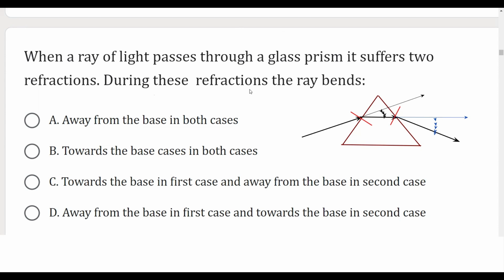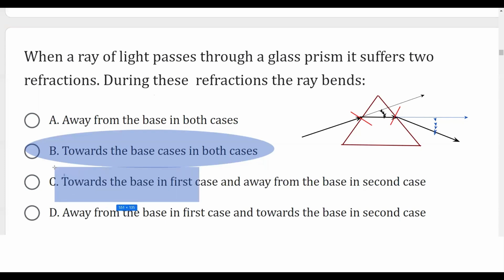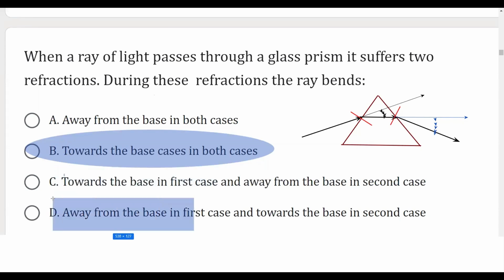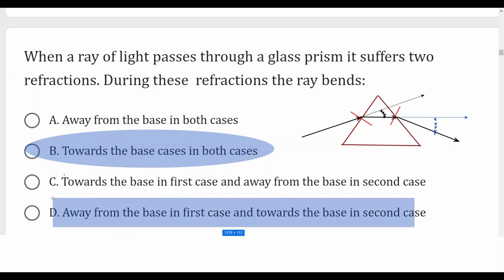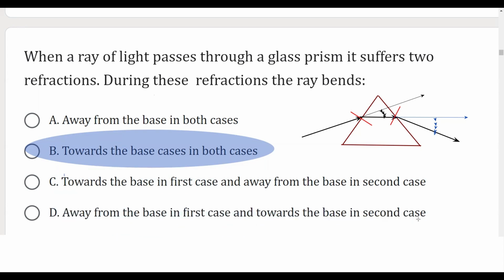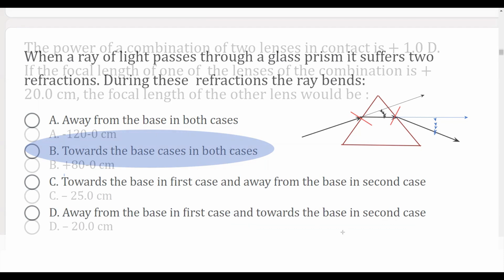So the correct option should be B. But let's read the other part also. It says towards the base in the first case, clearly not, and away from the base in the first case and towards the base in the second case. So we'll say that B is the correct option.